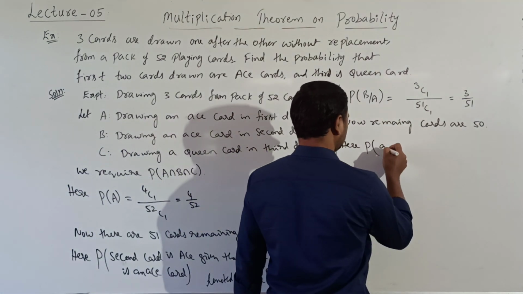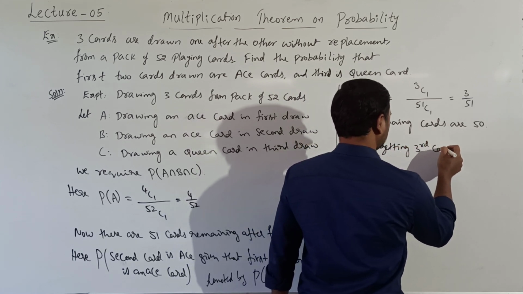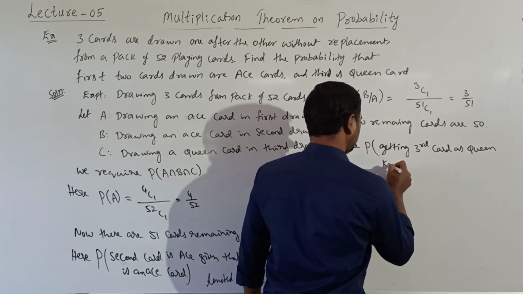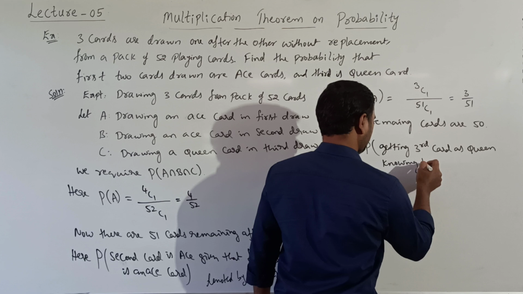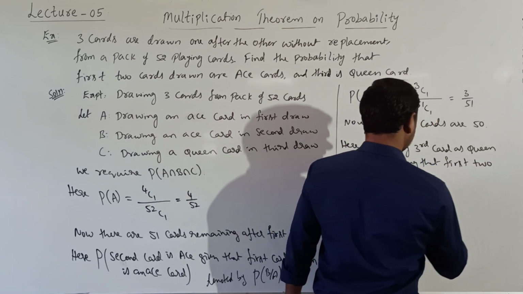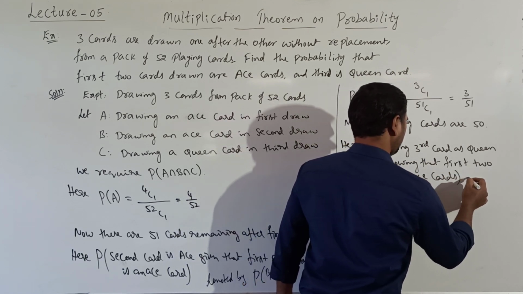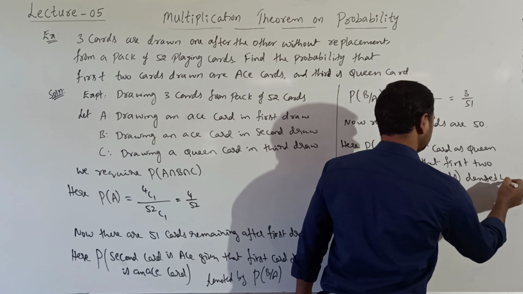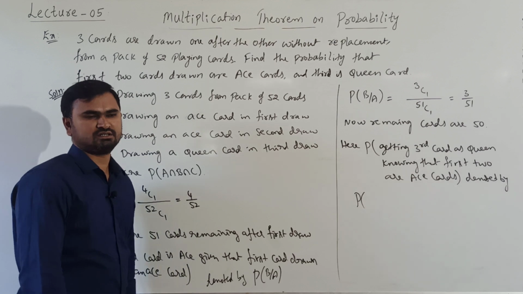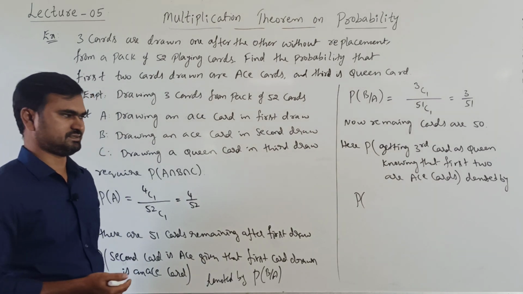Probability of getting the third card as queen, knowing that the first two are ace cards, is denoted by P of C given A intersection B. We want the third card as queen, knowing that the first two cards are aces.